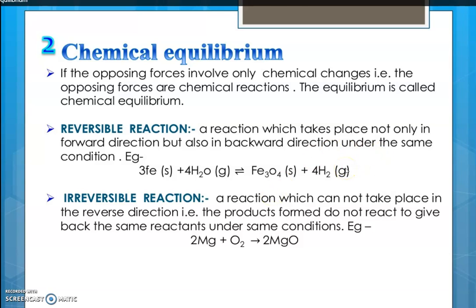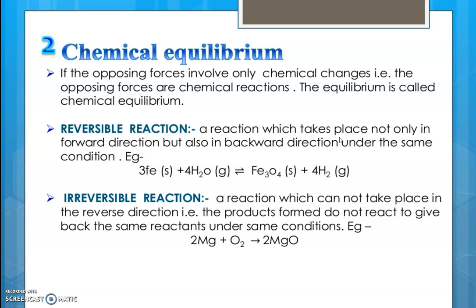In this reaction, we can also convert Fe3O4 back into Fe and water. So there is a forward reaction and a backward reaction under the same condition. A reaction which takes place not only in the forward direction but also in the backward direction, we call a reversible reaction.